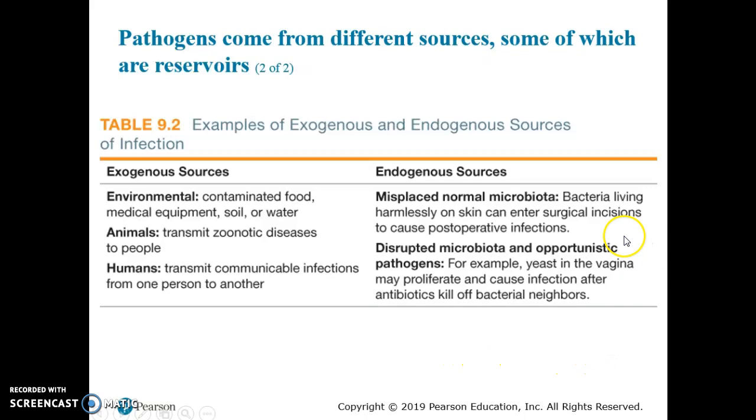Endogenous sources, I mentioned the misplaced normal microbiota, and then also disrupted microbiota or opportunistic pathogens. An example here is the yeast in the vagina that might proliferate and cause infection after you take antibiotics that kill off all the bacterial neighbors, and then there's more room for the yeast to grow and expand. And I think this is where we will stop this part.